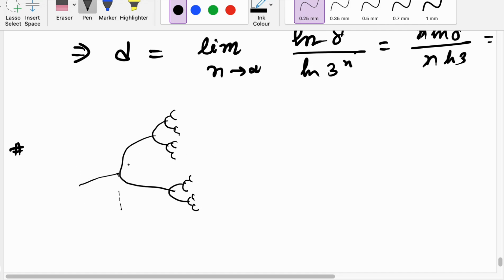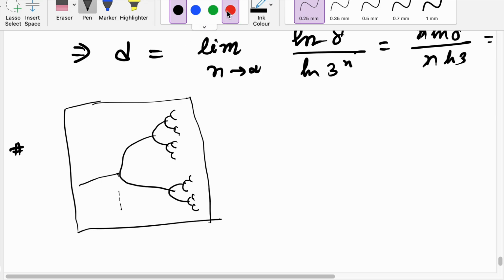It doesn't matter which part you take. Suppose this is the whole part. If I go into any smaller part of this, you will find the same kind of structure, because this period doubling keeps going on and it will become infinite period doubling points, and when there is infinite period doubling, it will become exactly self similar.